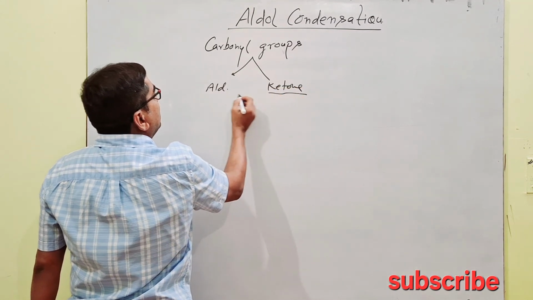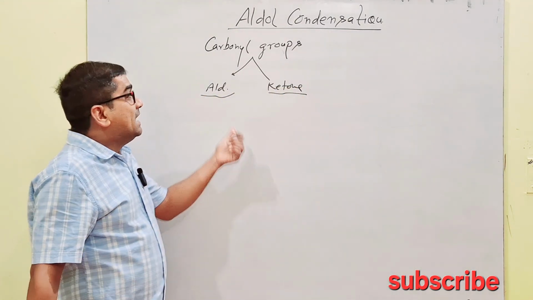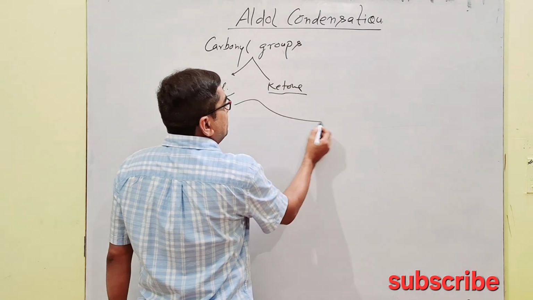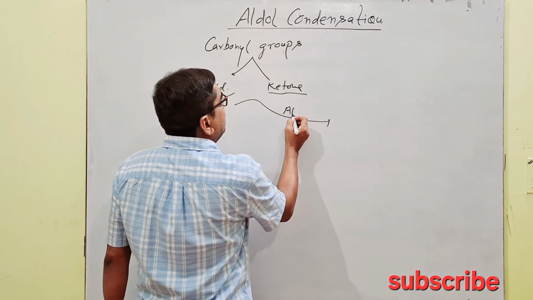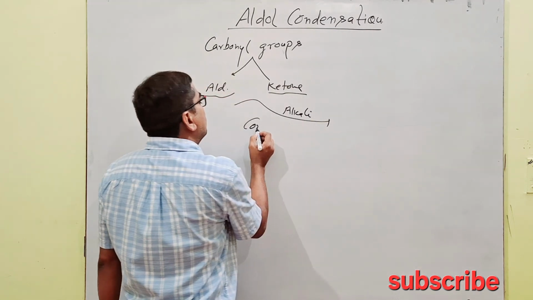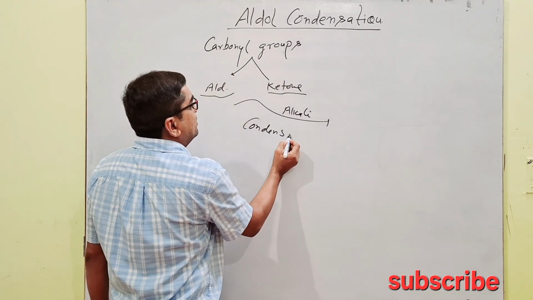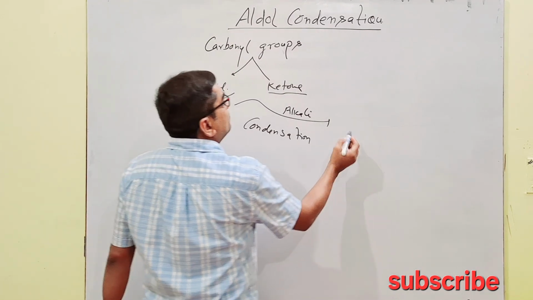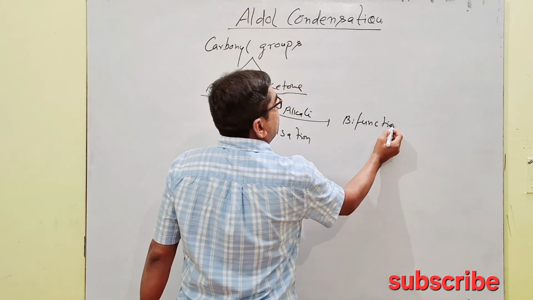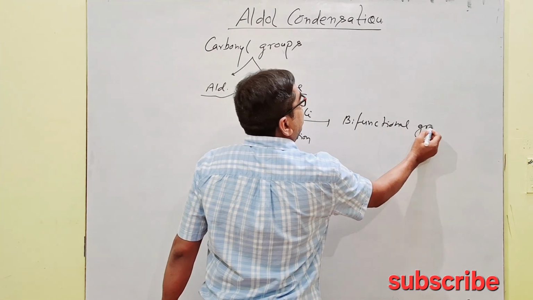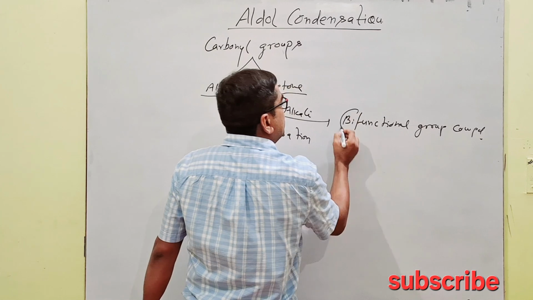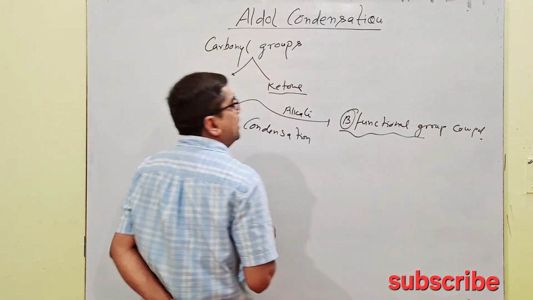So aldol condensation is given by aldehydes and ketones, which in the presence of alkali undergo condensation and give a bifunctional group compound. Bifunctional group means two functional groups in one compound.